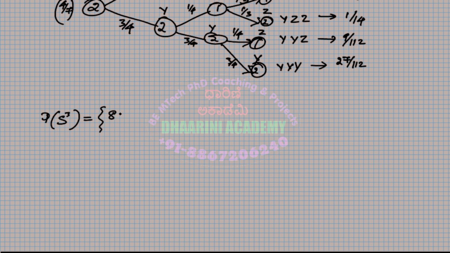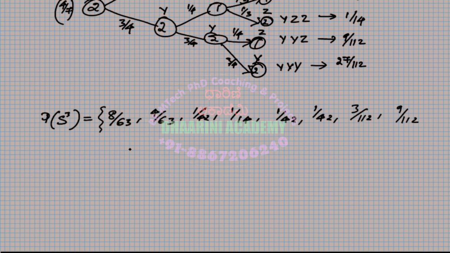It starts from 8 by 63, 4 by 63, 1 over 42, 1 by 14, 3 by 112, 9 by 112, 4 by 63, 2 by 63, 1 by 28, 1 by 14, 1 by 28, 9 by 112, 27 by 112. So these are the overall symbols that we have.